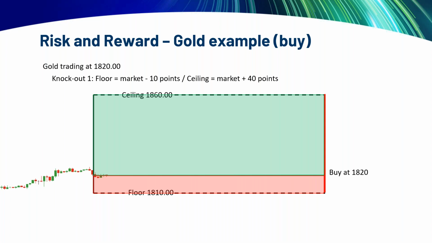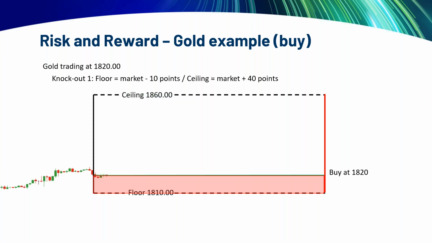Now, with gold at 1820, 1810 might be a little too tight of a stop for you. That is why we offer 4 knockouts. You could have chosen knockout number 2, and if you chose knockout number 2, the red area would be a little bit bigger, and the green area would be a little bit smaller.